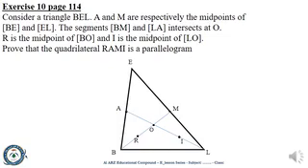The first thing is A and M are the midpoints of BE and EL. So A is the midpoint of BE and M is the midpoint of EL.